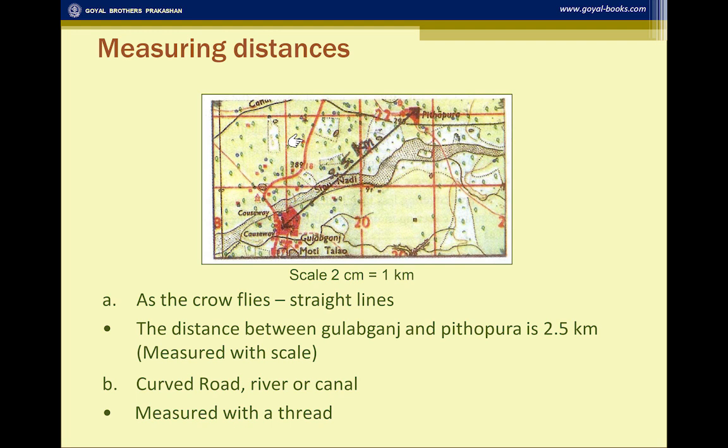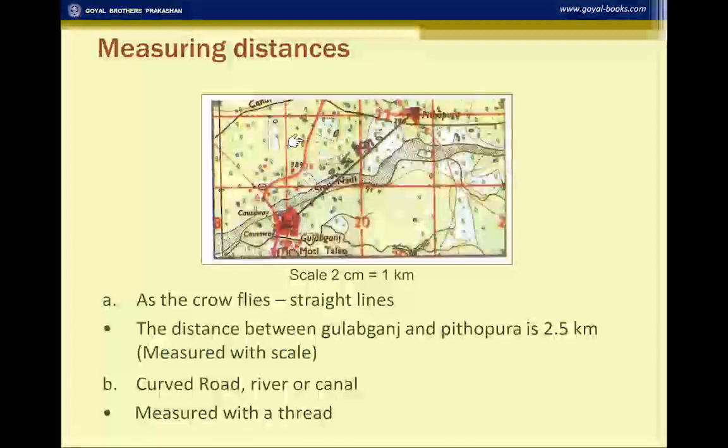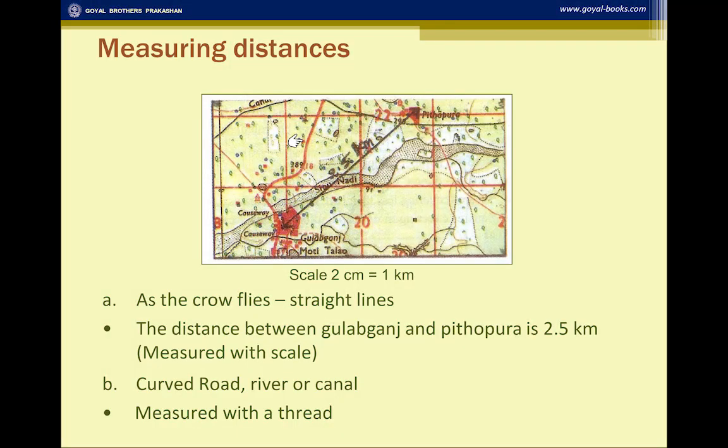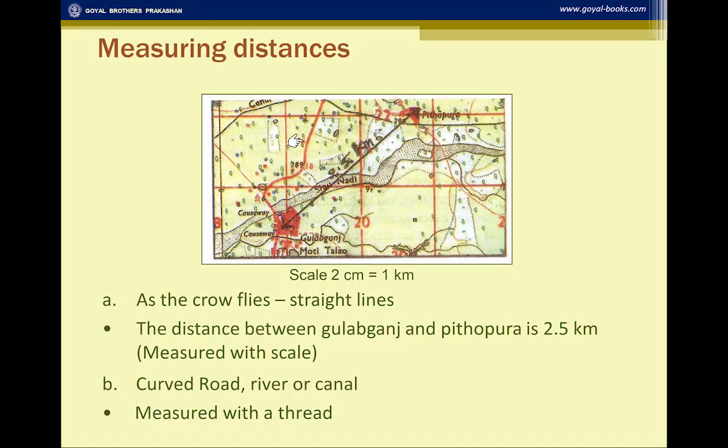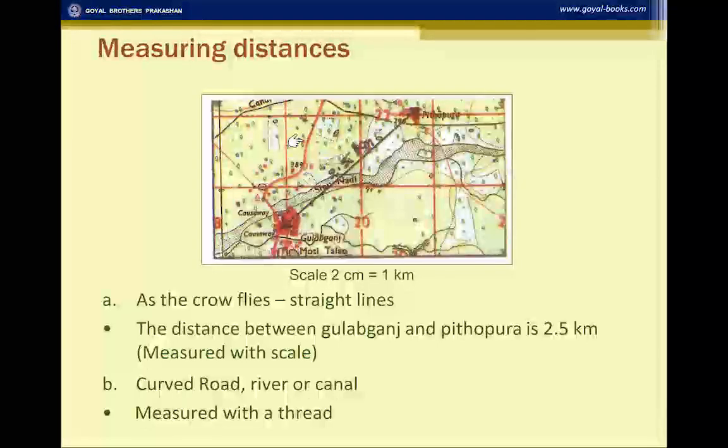Now take it to the 0 again and on the left side see how many small boxes it is covering. Suppose it is covering 3 small boxes. So your answer would be 3 kilometers and 300 meters, or 3.3 kilometers. So with the help of a thread you can measure the curved surfaces.